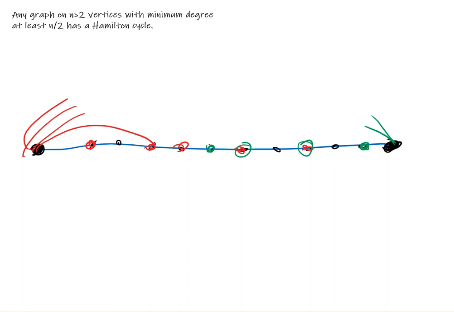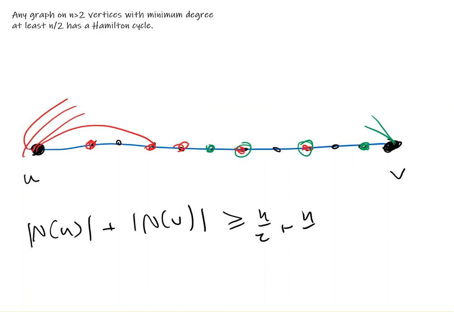So we know the minimum degree is at least n/2. So if I have this vertex u and this vertex v, if I look at the size of the neighborhood of u plus the size of the neighborhood of v, this is at least n/2 plus n/2, which is n.